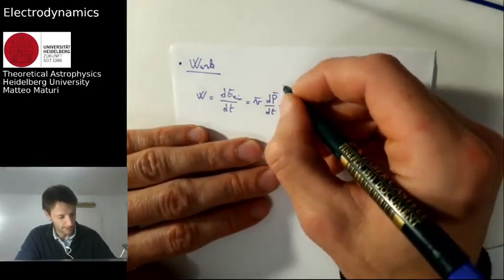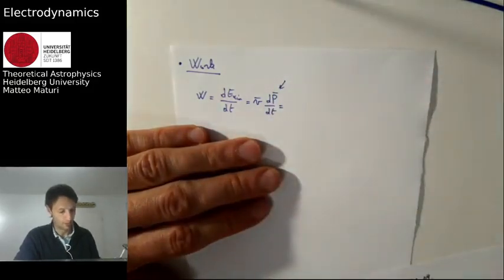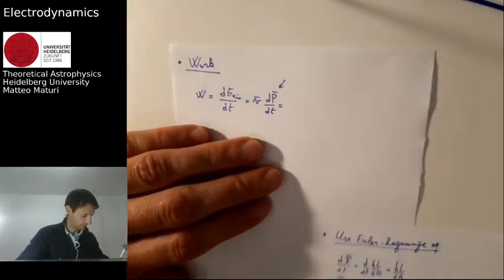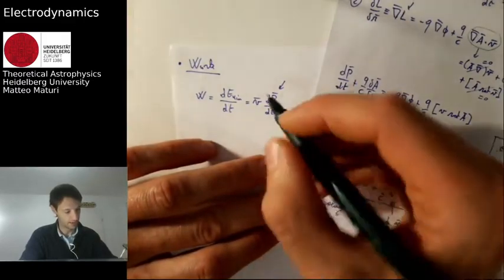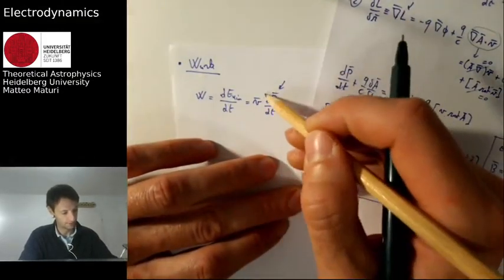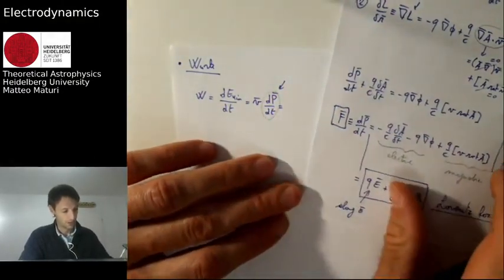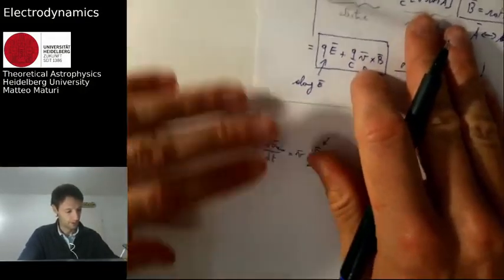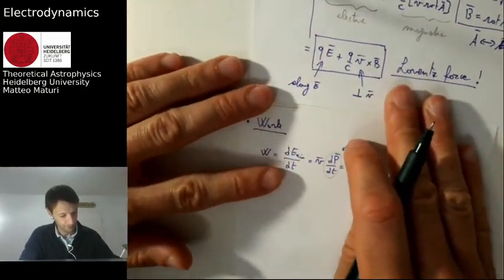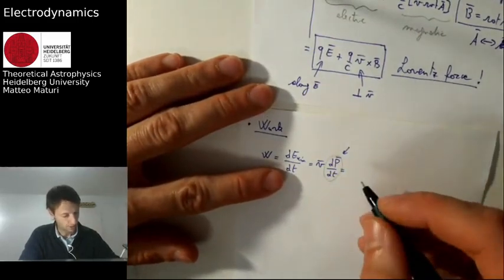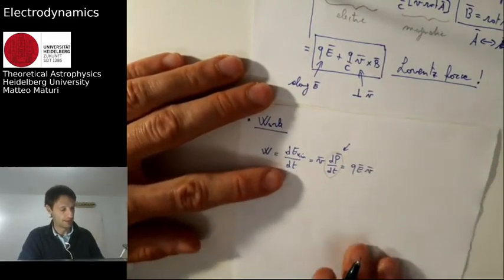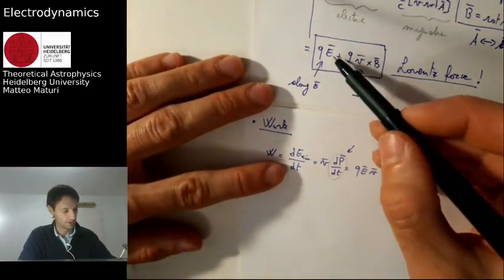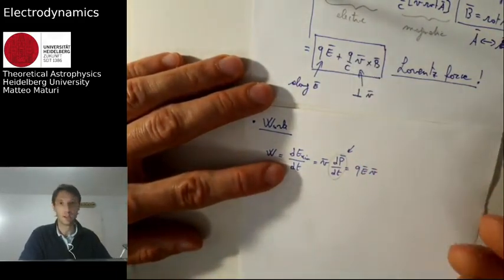Now we just plug our momentum in here, because we have it. We plug all of this here, and now what do we have? This is going just to be equal to qE·v. Why is that? Well, because we just have the scalar product between E and v, and that's fine.